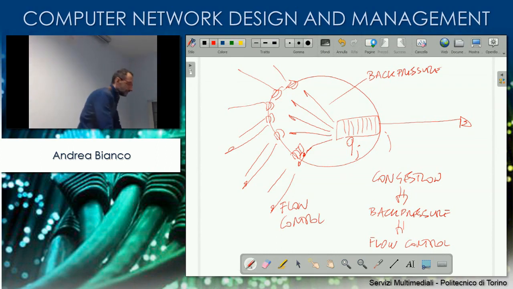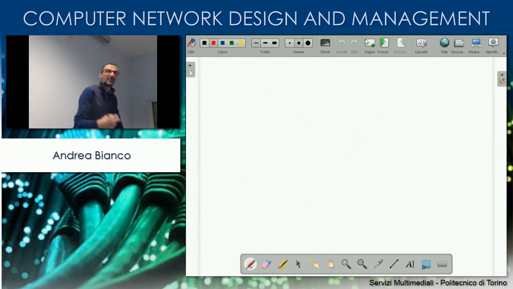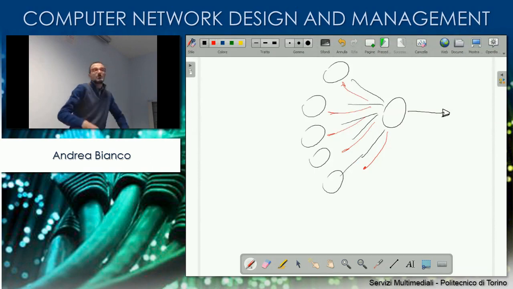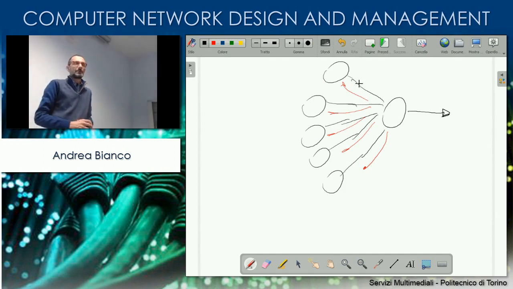Now, what's happening in a network-wide view? Well, suppose that you have all of the nodes implementing this type of internal back pressure. What's happening is that when you congest a link here, okay, you will send a flow control mechanism back to the upstream nodes, correct? Which in turn will reduce the rate of packet transmission or even stop it.